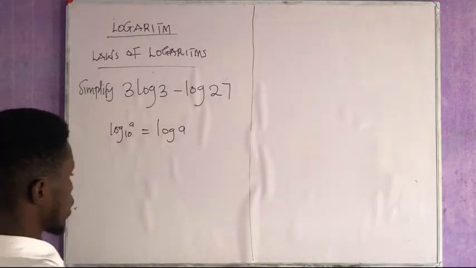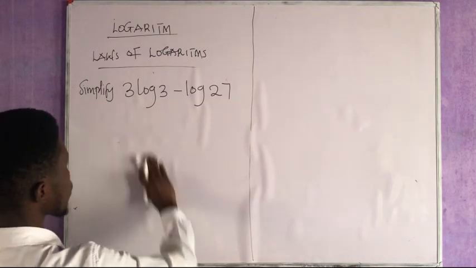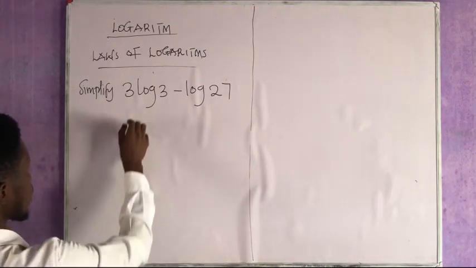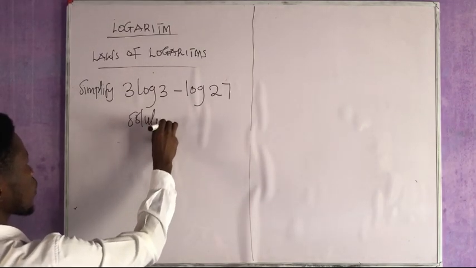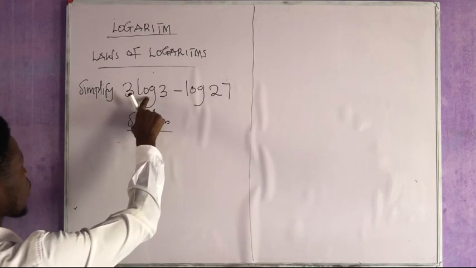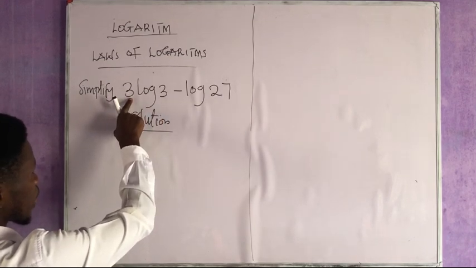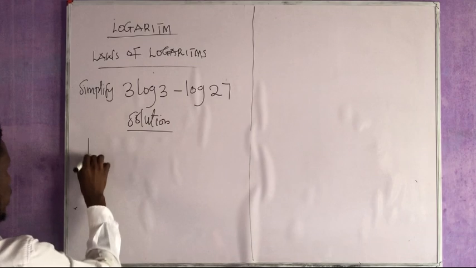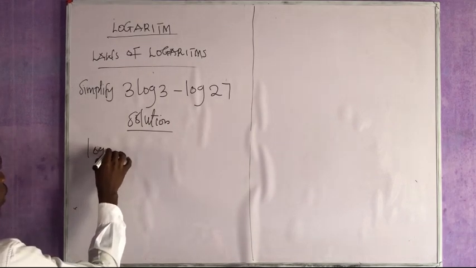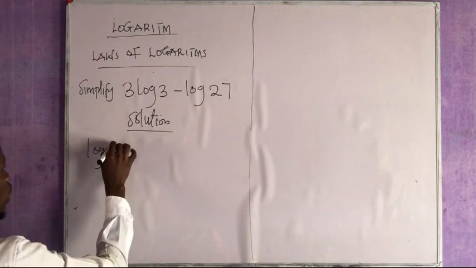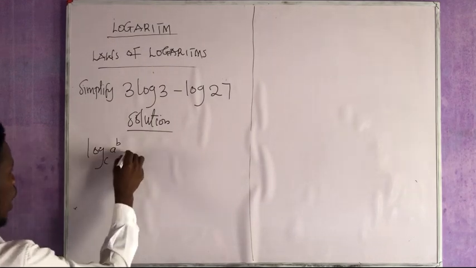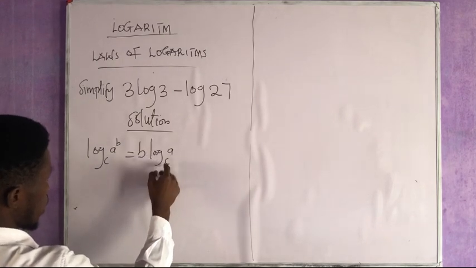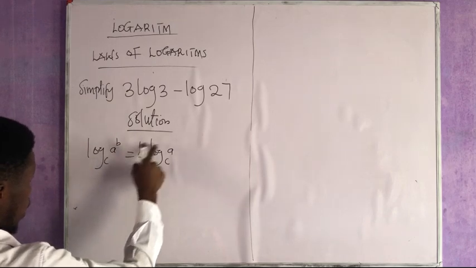Alright, so let's look at this question, how we can go about it. Anytime you are solving a log question, make sure that the coefficient of the log is 1. The coefficient around this is 3. So you have to bring this 3 up here by applying the law that says that if I have log A power B base C, I have to write it as B log A base C. So it means that this B can carry up here, that's what is happening.